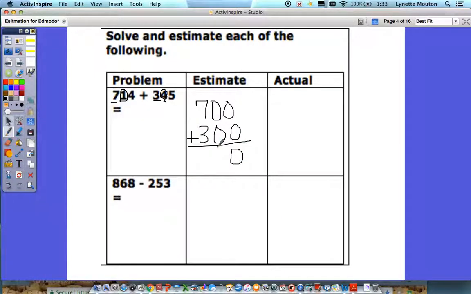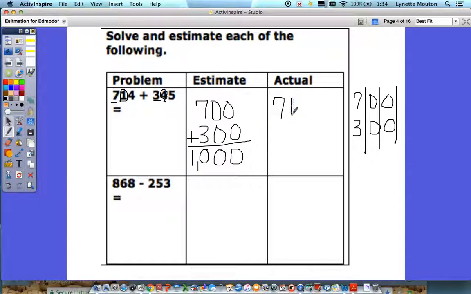Remember, we can hold our paper sideways so that we have those columns already there, and then we just drop one digit in each column to help us line it up on our just regular old notebook paper. It can help us to line up our place value so that we add correctly, and 7 plus 3 is 10. So 1,000 would be our estimated answer.